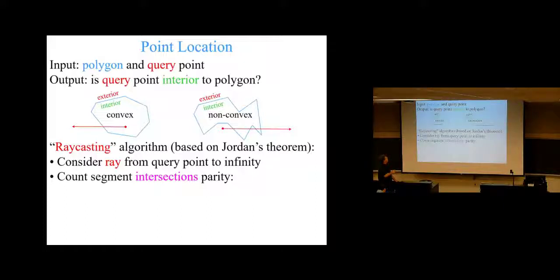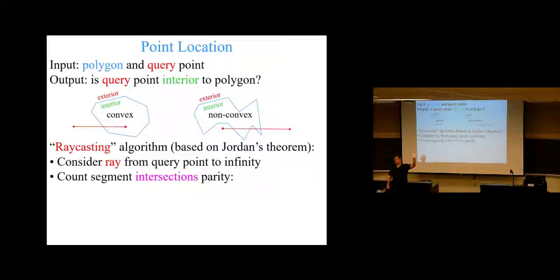If you're outside, it'll intersect 0 times, or twice if you're shooting towards the polygon itself, before going off to infinity. So 0 and 2 means you're outside. Only once means you're inside. There are a couple of special cases I'll bring to your attention in a minute. It's not quite that simple, but that's the general idea in most cases.